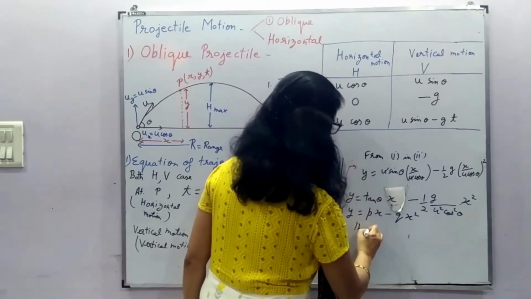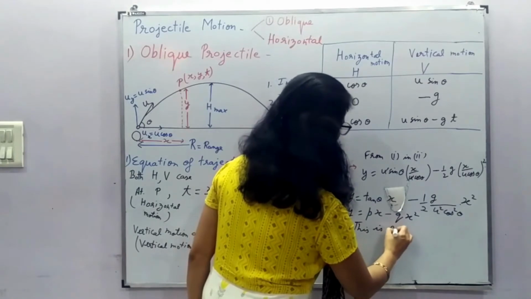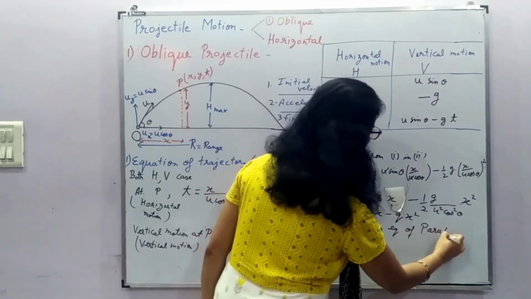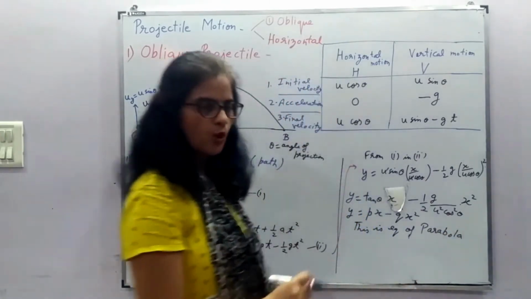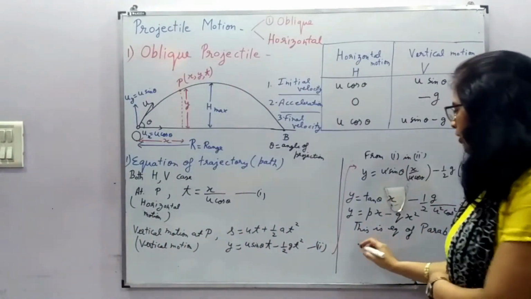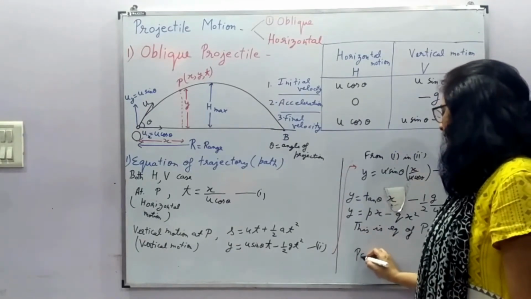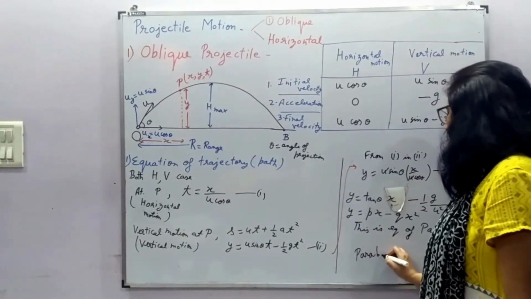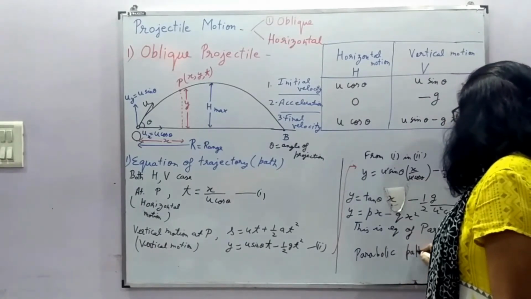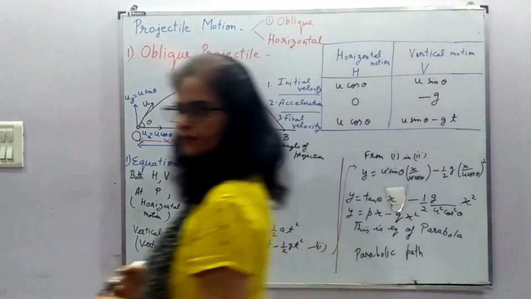This is the equation of a parabola. So a projectile follows a parabolic path. I hope this is clear.